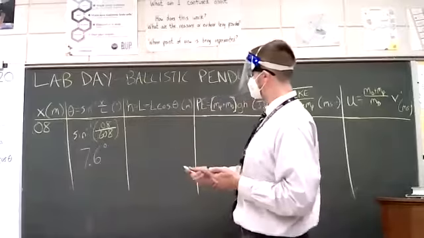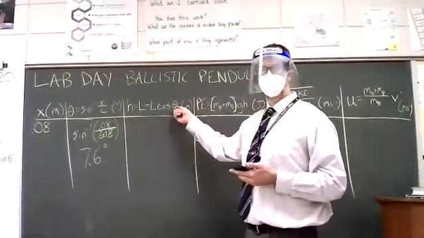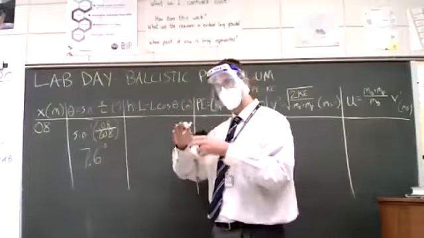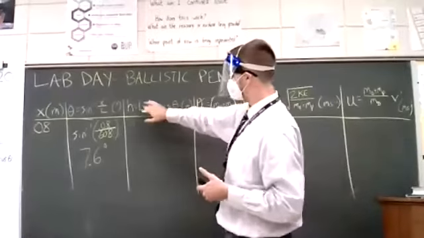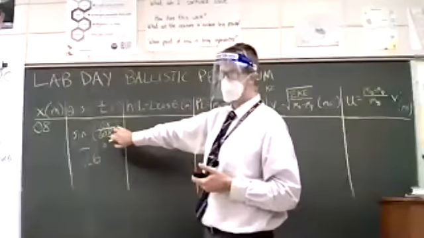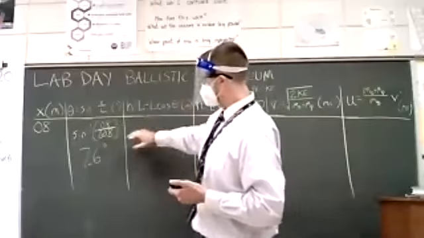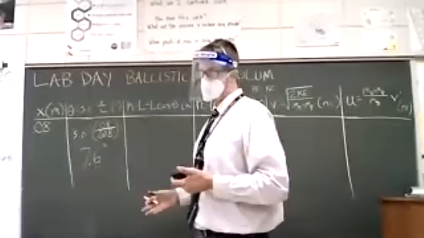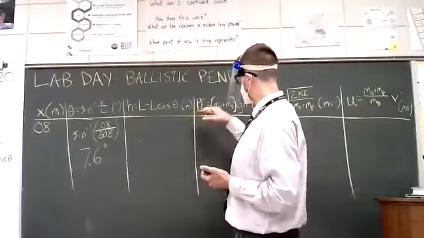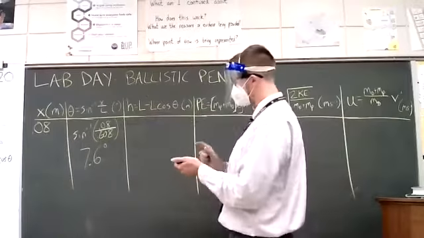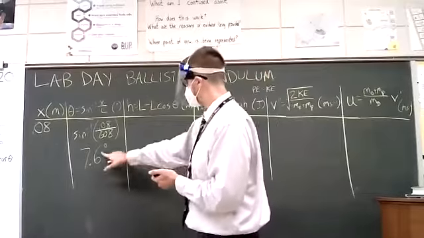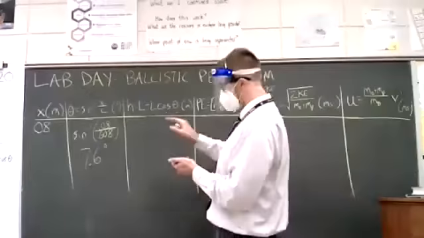Why do we want theta? So we can get L cosine theta and take that away from L. In other words, the actual increase in height was that full length L, 0.608 meters, minus this little bit of it, L cosine theta. Note how small of an angle theta is, which is why it's hard to measure that directly. And wait till we see what the height value is. So I got my 7.56 value in my calculator, and I'm going to take the cosine of it.